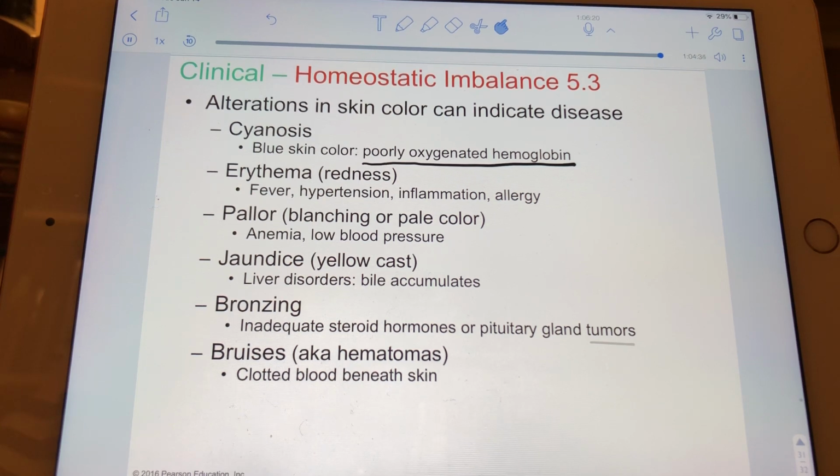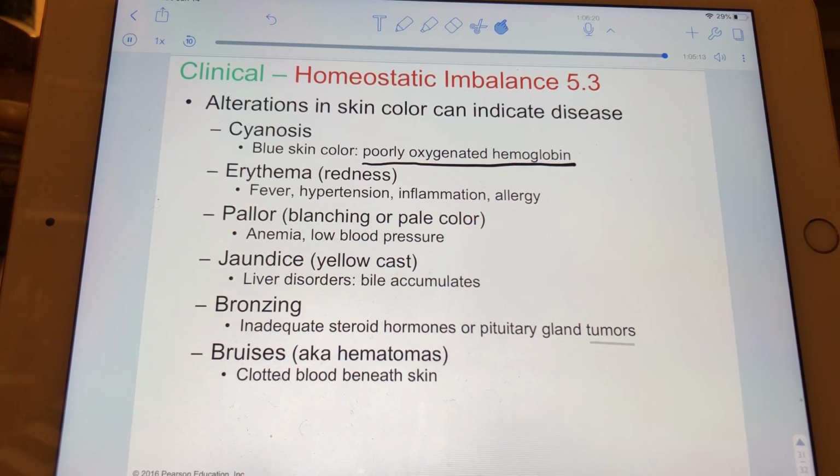Jaundice is a yellowish skin color and can be evident even in the whites of the eye, usually indicative of a liver issue. Heme is converted into bilirubin in the liver. And if that isn't going well, then some of that pigment can spill over into the blood and be expressed across the skin. Okay, so jaundice, liver issues.